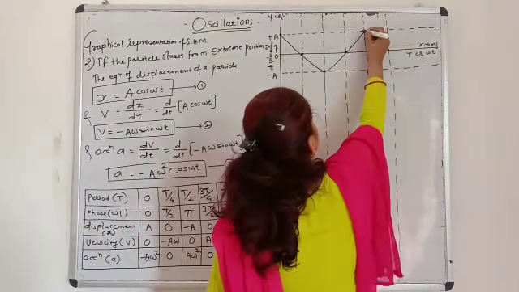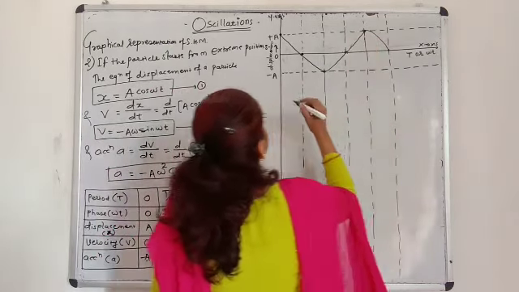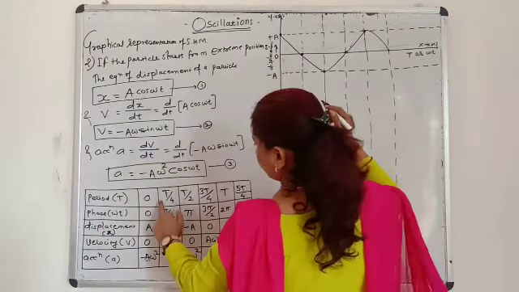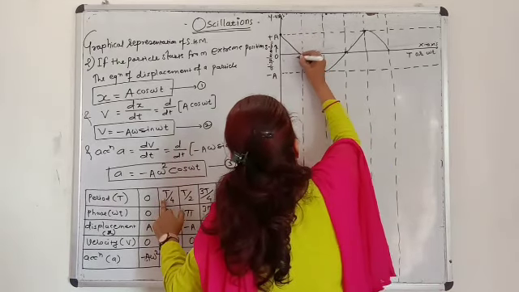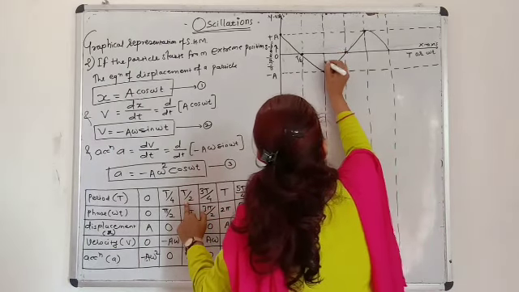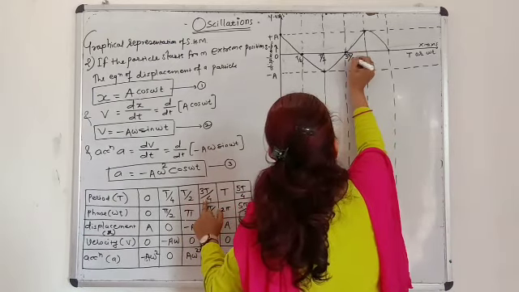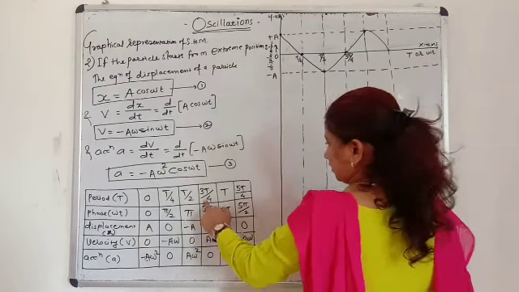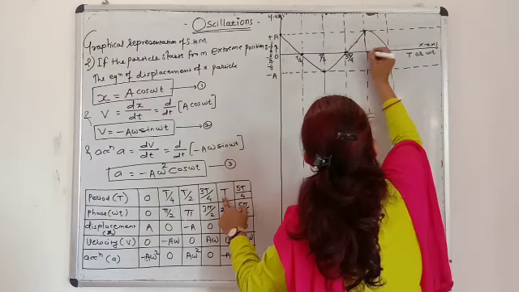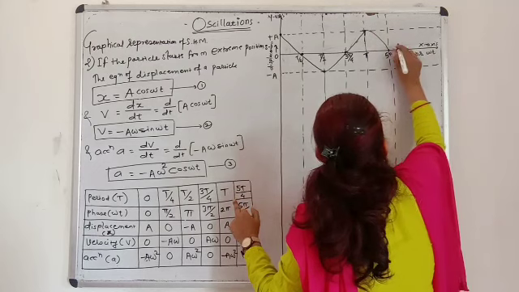Okay. So here period 0, then t by 4, then t by 2, then 3t by 4, then here t, then 5t by 4.